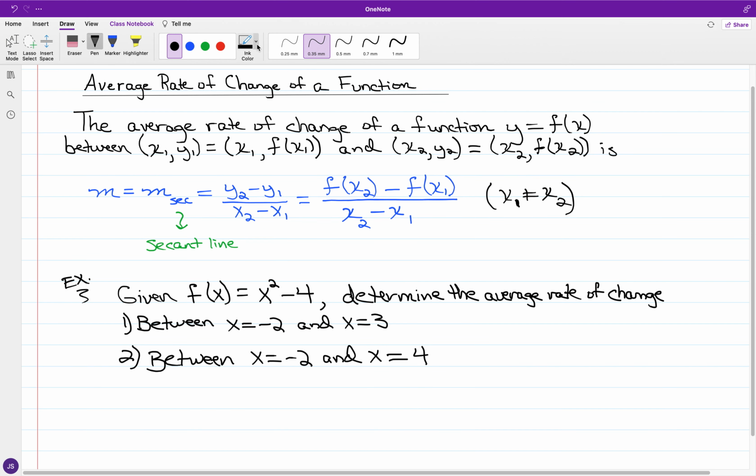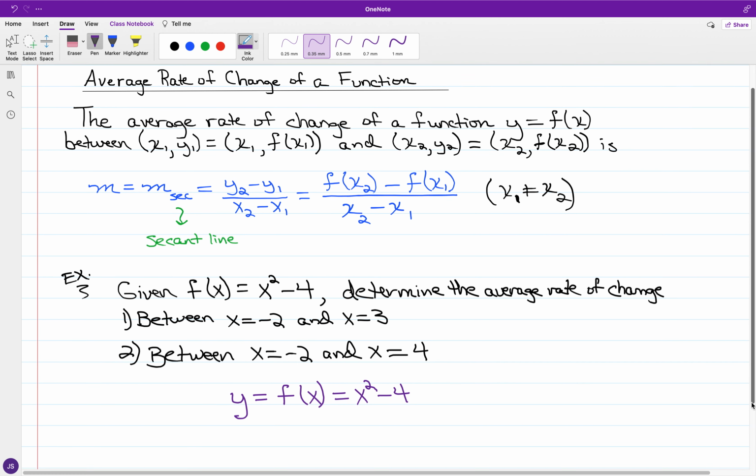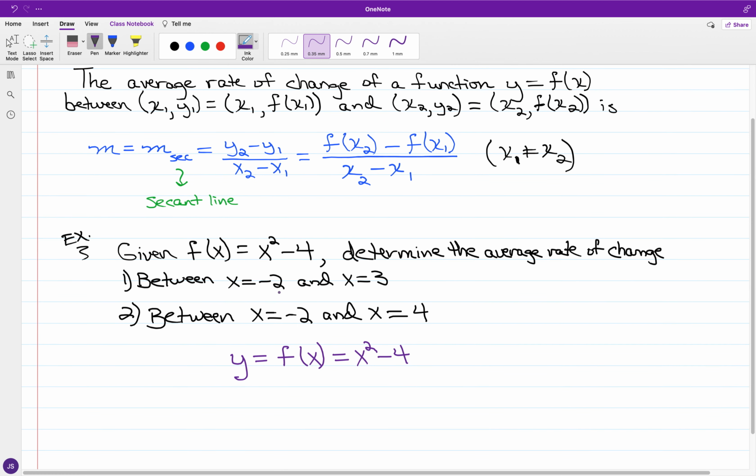To establish the foundation, we're going to have 3 points of interest, where we have x at -2, x at 3, and also x equal to 4. So we are using this function to find out the y value when x is -2, also when x is 3, and also when x is equal to 4.